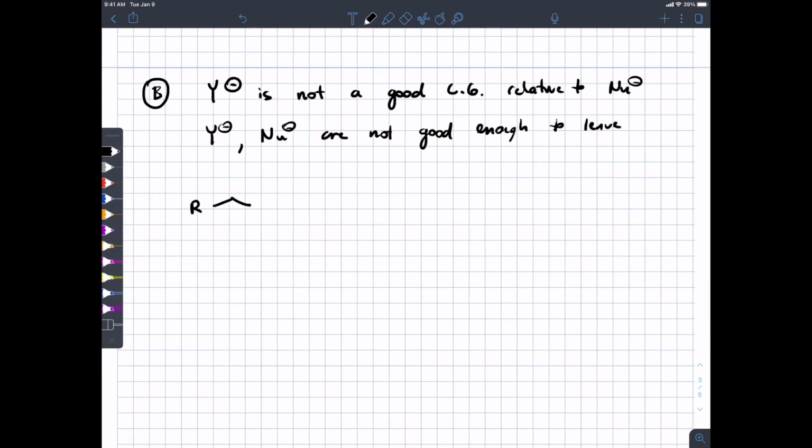In that case, if Y minus is not good enough to leave, and the nucleophile is not good enough to leave relative to this negatively charged oxygen, then you're sort of stuck here.